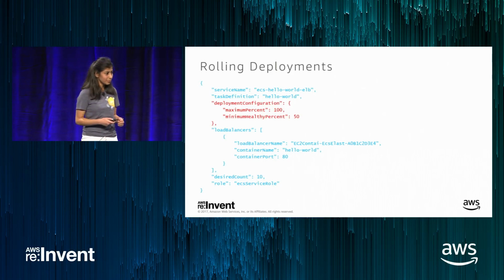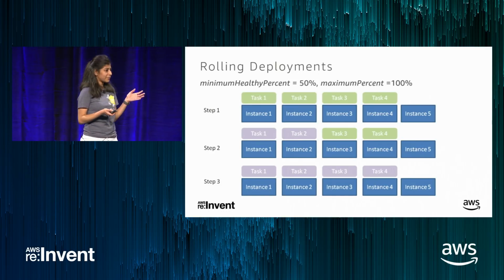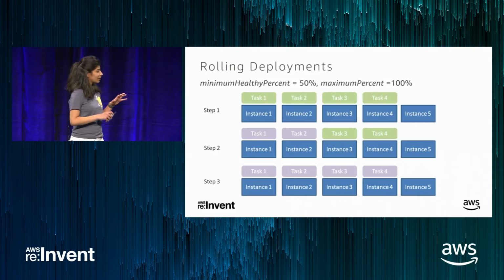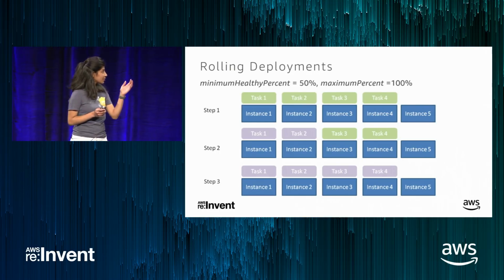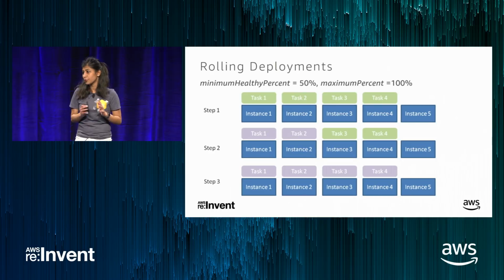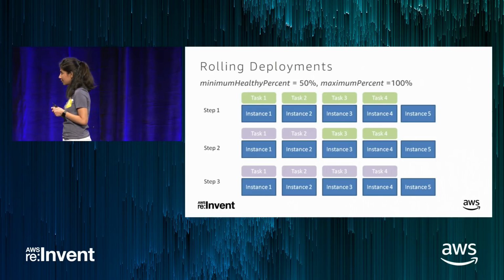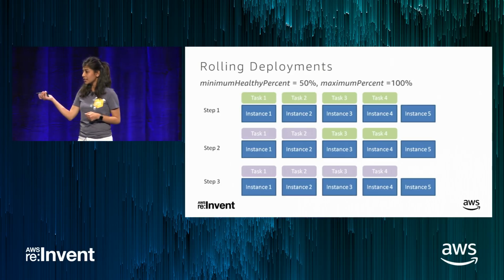So let's elaborate a little bit on this. So let's look at an example. So you have a service with all green images, running 4 copies on 5 instances. So you have 4 tasks up there. They're all green. And now you have deployed a new purple image that you want to roll out to your service. So what you do here, you've specified the minimum healthy percentage as 50.